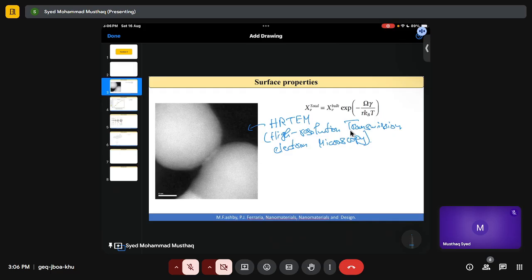So this is a high resolution image. You can see these lines; these are the sets of atomic planes. This is one nanoparticle and this is another nanoparticle, right? Now what is happening is that when they are close to each other, there is a formation of a neck region, right? You can see this neck region.